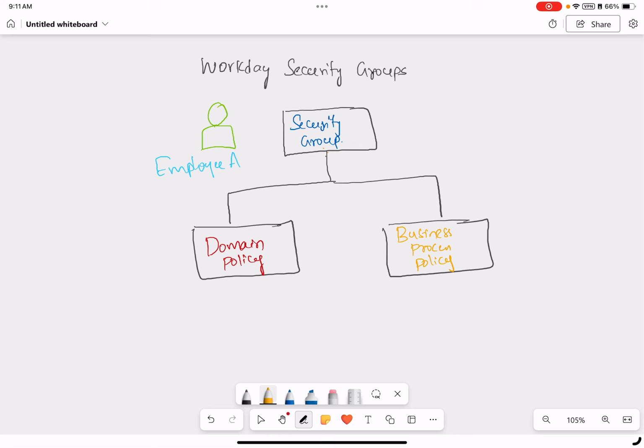Security groups are then linked to security policies: domain security policy and business process security policy, which controls actions in the workflow. Based on these connections, the user gets the right level of access in Workday. That is access in Workday.